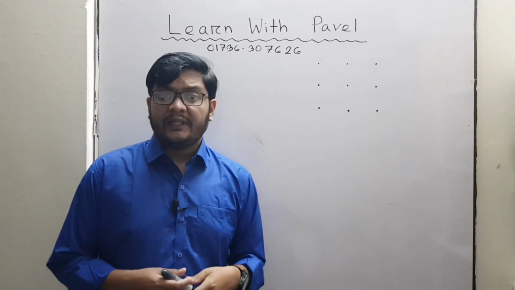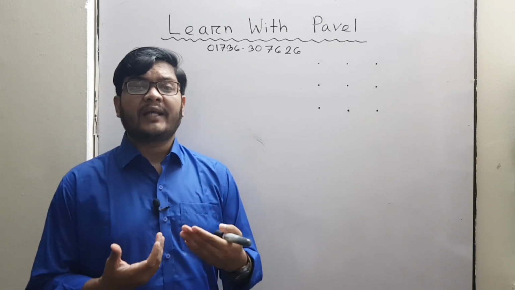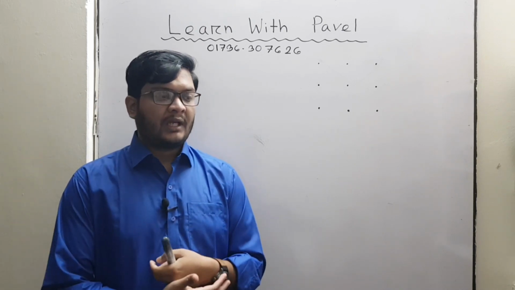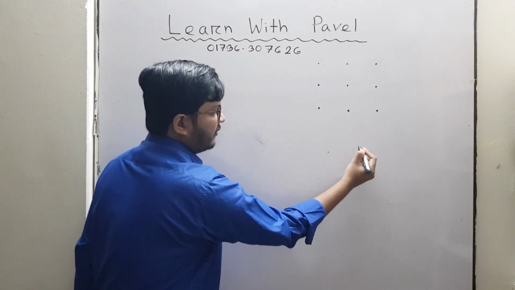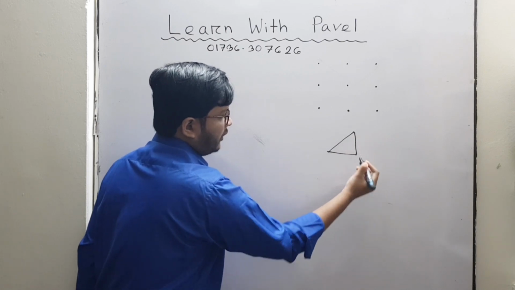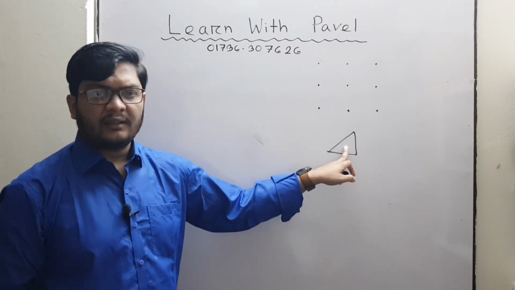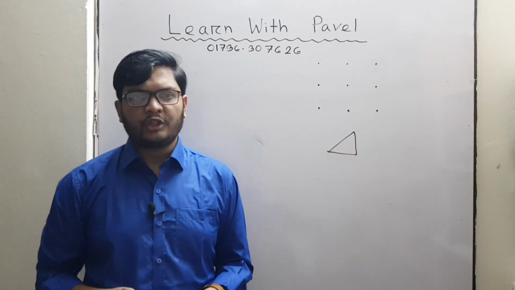At first, we need to know some concept that when the area of a triangle will be equal to 0. Suppose if we select these 3 points, say in this way, you select 3 points. So there is clearly an area here. So this is not going to be equal to 0.